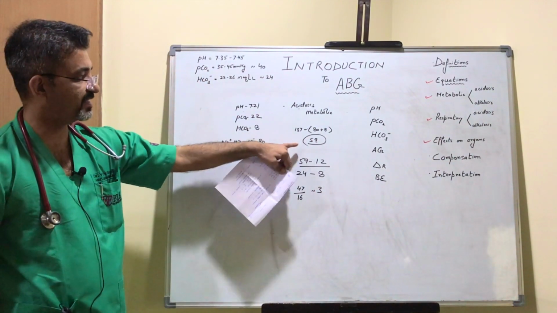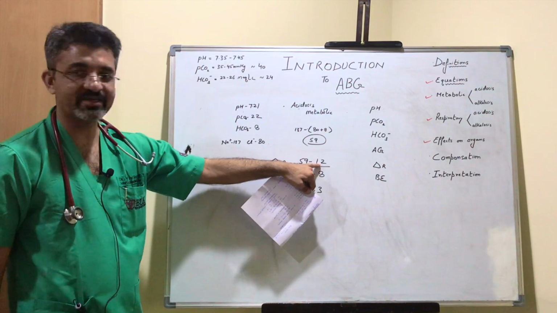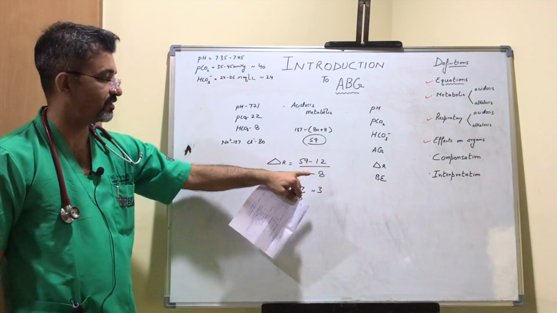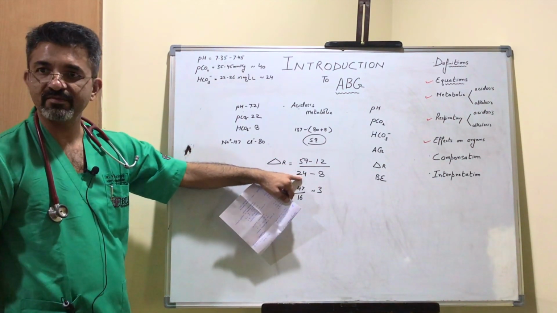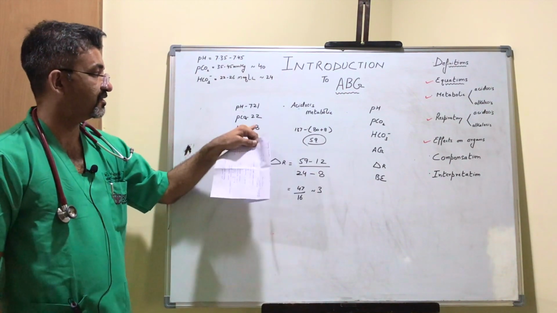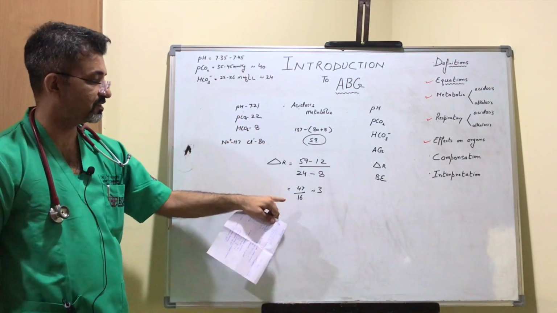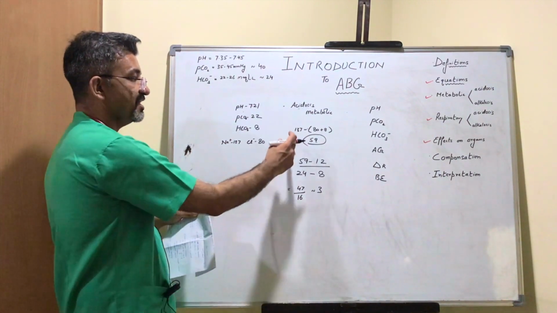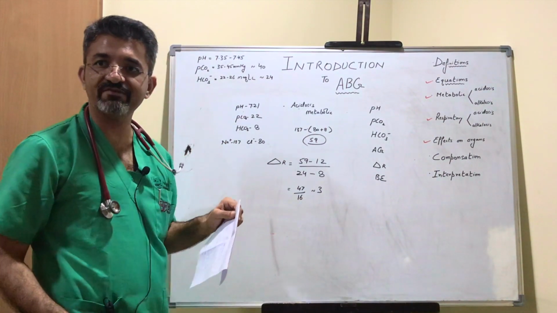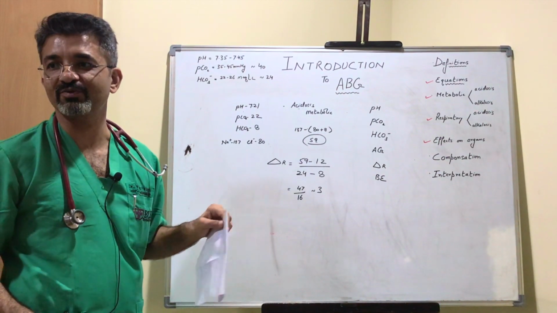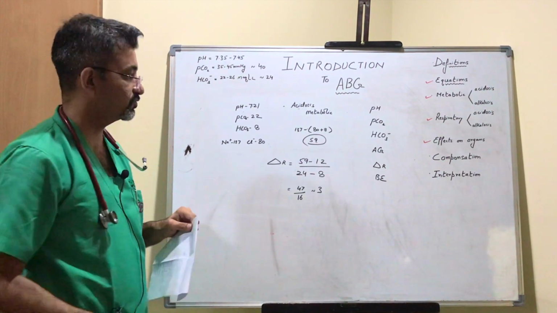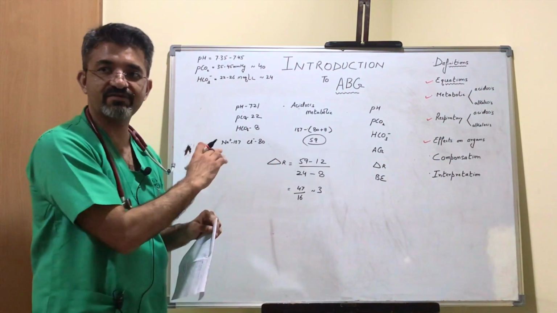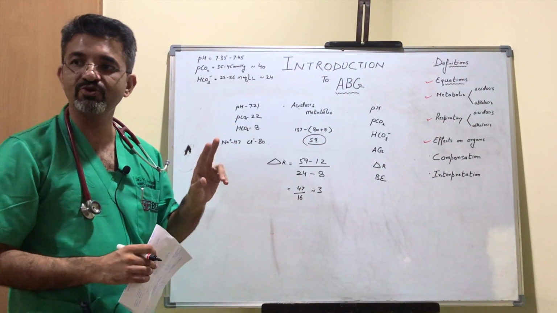The measured anion gap, you subtract 12, which is the normal anion gap, and 24 is the normal bicarb. You subtract the calculated bicarb in your ABG. It is around 3. What does it mean? It means with a high anion gap metabolic acidosis, HAGMA, you have a metabolic alkalosis also in this. So without delta ratio, you will never capture this concept of duality.